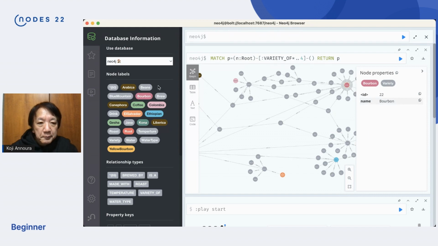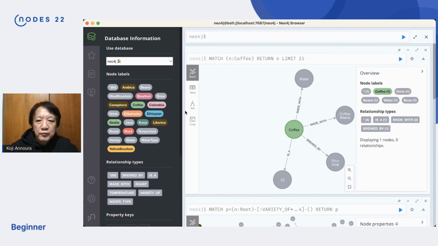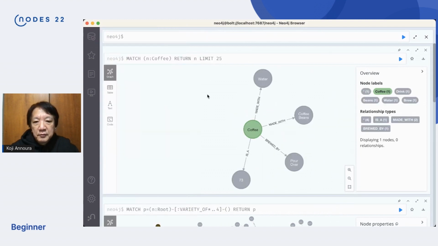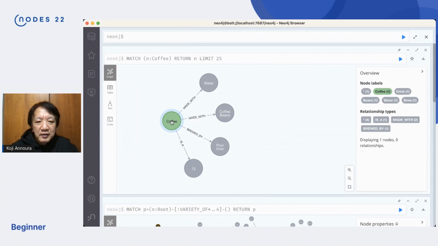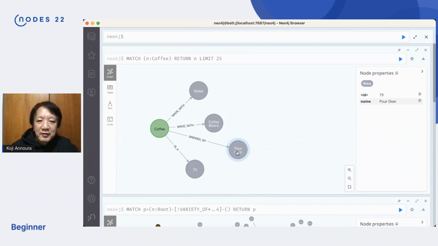So I tried to add other knowledge here. Coffee is brewed by something. I love pour over.